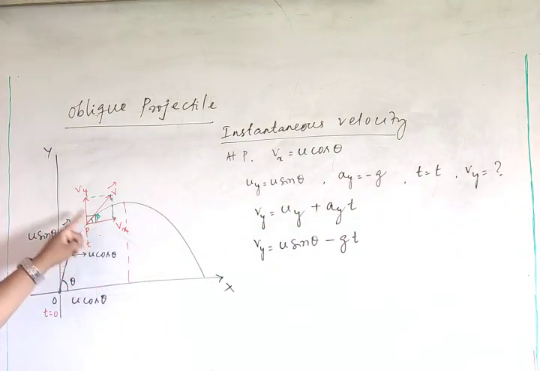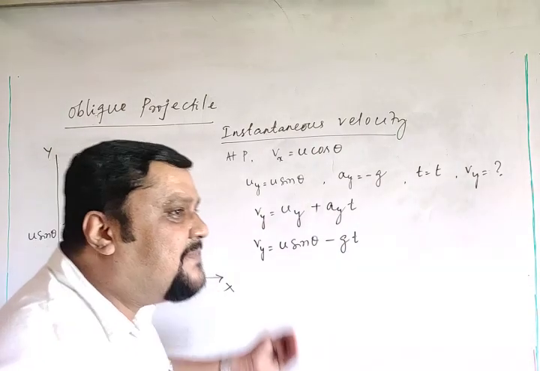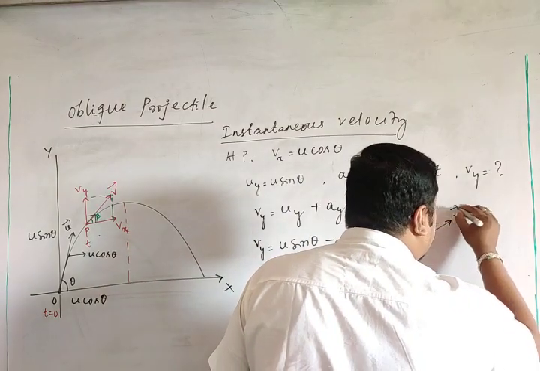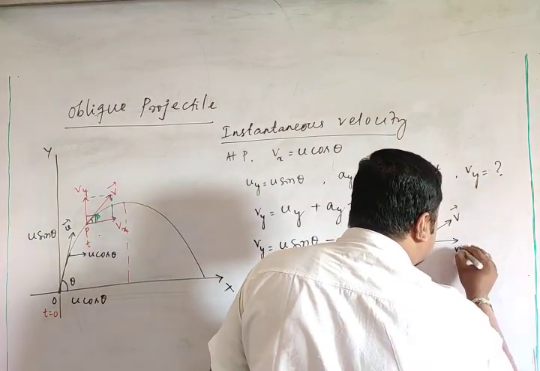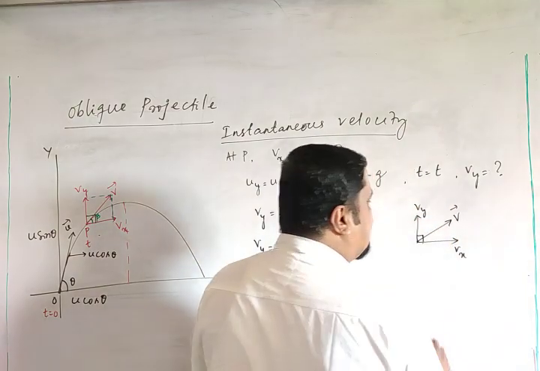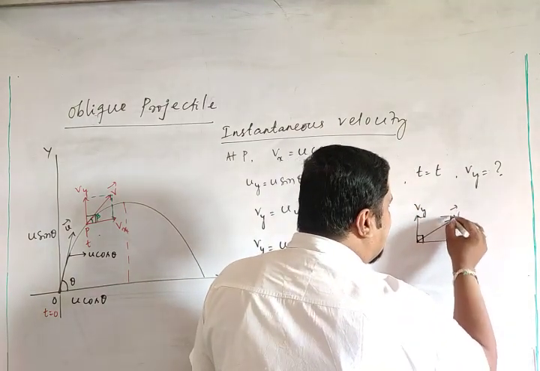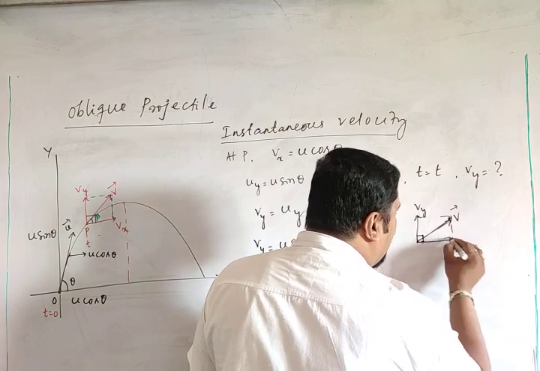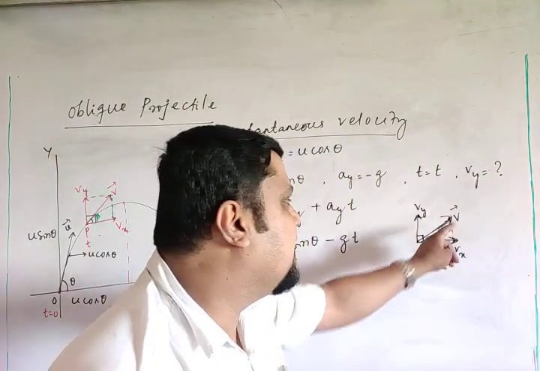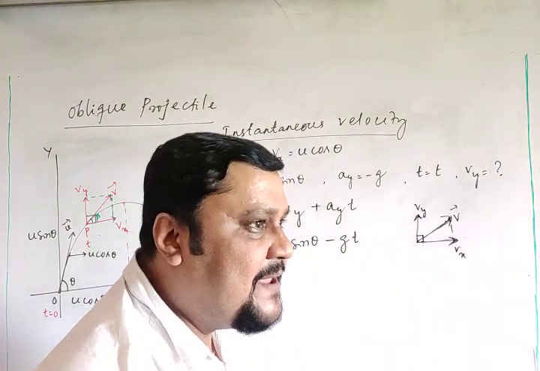As I know this vx and vy, then what is this v? There is a vector v. Think about it like this: one is the vx and the other one is the rectangular vy. These are rectangular components. If v is the resultant of two vectors vx and vy, then what is that v?